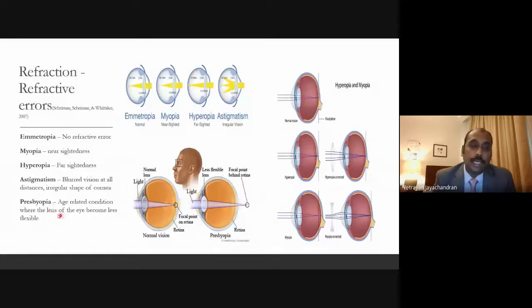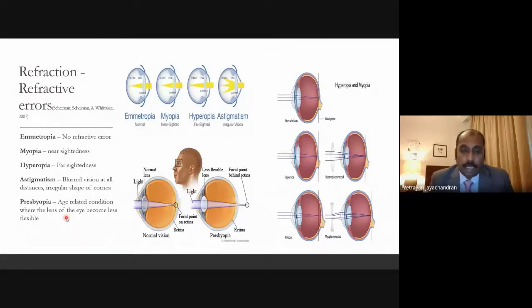The next one is presbyopia. Presbyopia mainly happens due to age-related factors, because when you get older, the flexibility of the lens is affected. For example, if you want to see an object up close, you constrict your pupil and focus on the object, or you want to concentrate more.